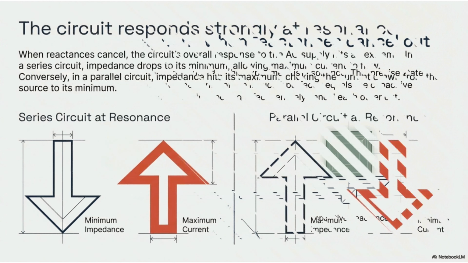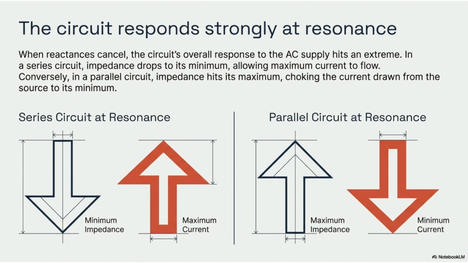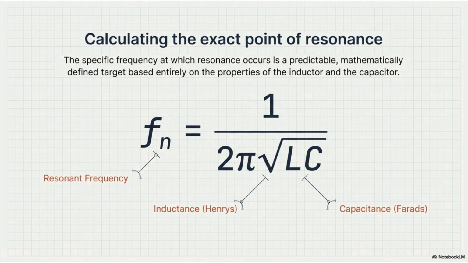In an LCR series circuit, the impedance becomes minimum and the current becomes maximum at resonance. In an LCR parallel circuit, the impedance becomes maximum and the current drawn from the source becomes minimum. The frequency at which resonance occurs is called the resonant frequency and it is given by the formula Fr equals 1 divided by 2 pi square root of LC.